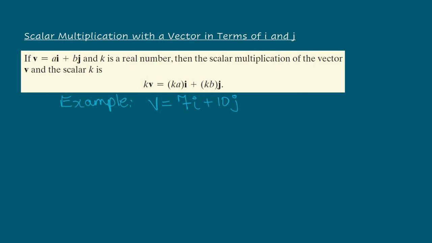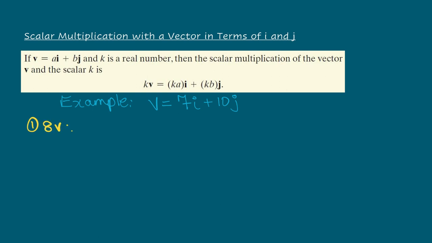So let's multiply times 8v. First let's multiply times a positive, and we'll multiply times a negative and see what that looks like. So let's find 8v.